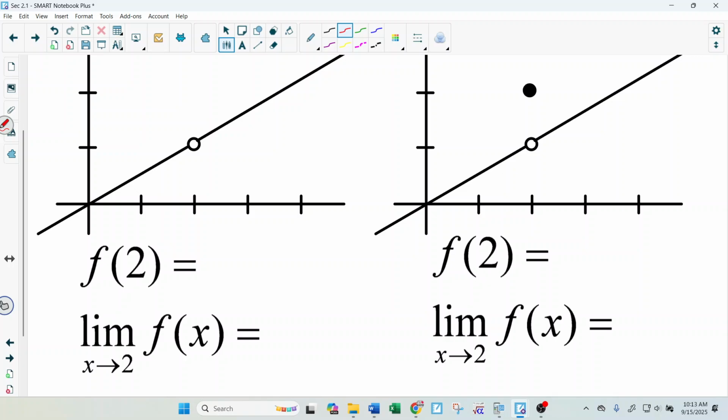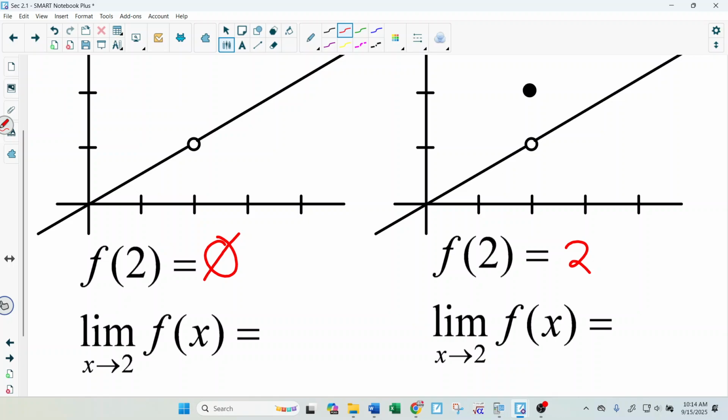Open circle. There is no point, so that doesn't exist, does it? Over here, what is f of 2? 2. That makes sense with the open circle, how it doesn't exist. Now, what is the limit of f of x as x approaches 2?